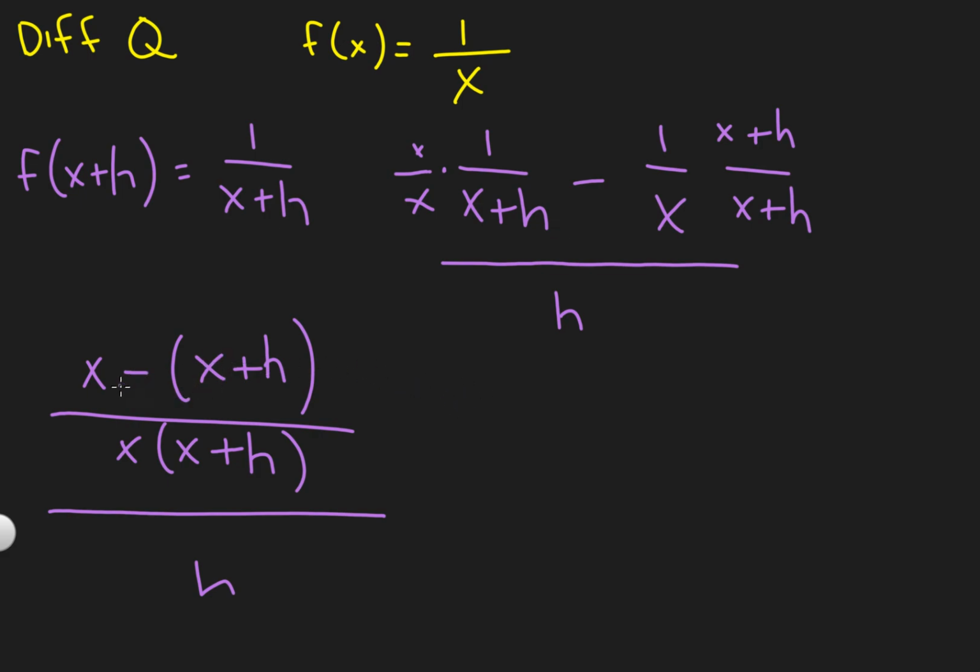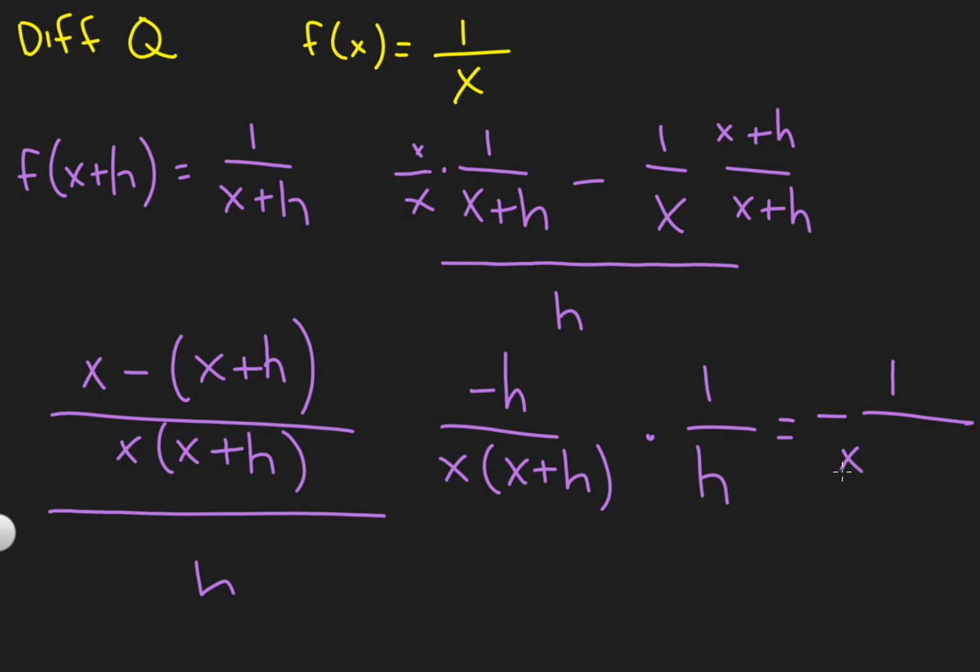So simplifying, x minus x plus h, this is going to give me a negative h over x times x plus h. Remember, we're going to divide that by h, which means we multiply by 1 over h, which gives me a negative 1 over x times x plus h.